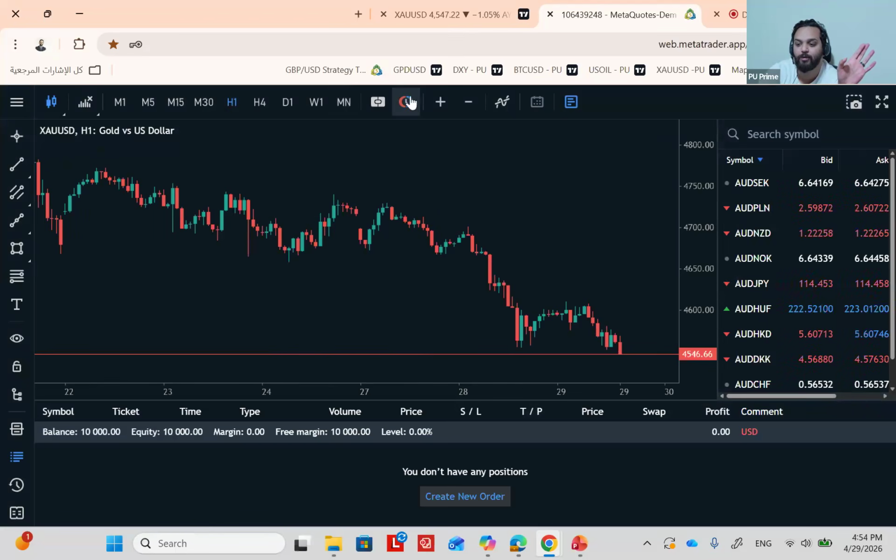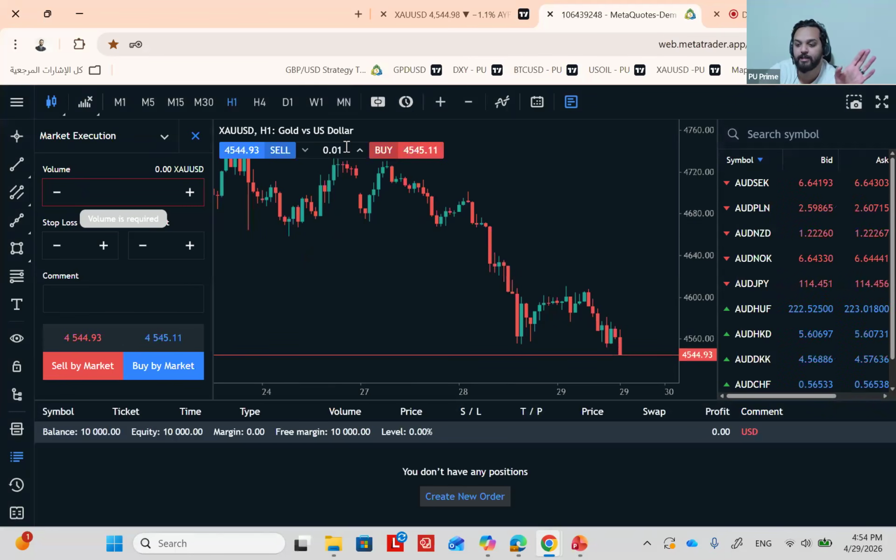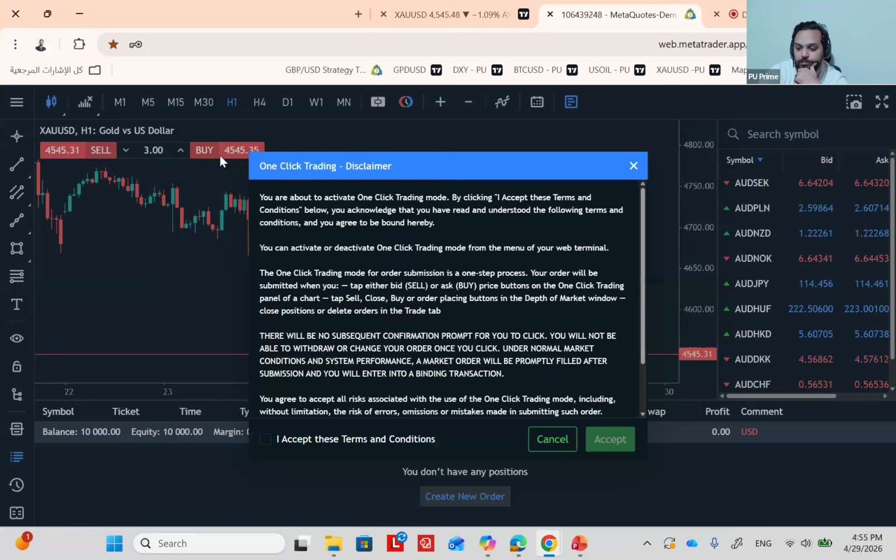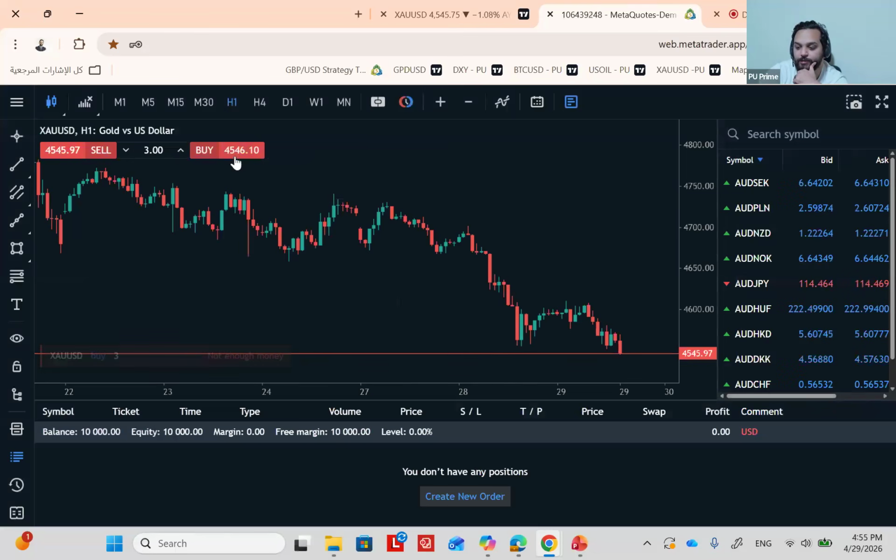Now I will go to the gold. I'll try to place 3 lots. Let's try to buy 300 ounces. You don't have enough money. So in the previous account with the 500 leverage, I bought it because I have more than 10,000. But if I lost the 10,000, will they ask me for anything? No, you just lost your money. That's it.